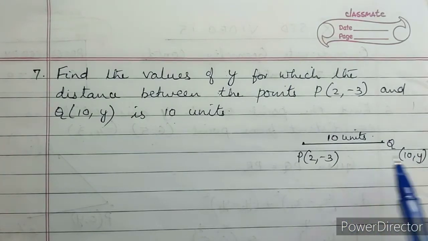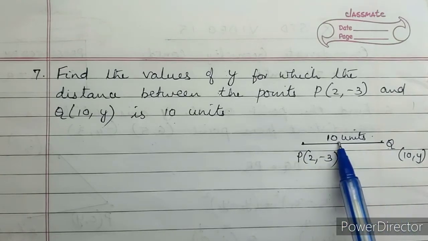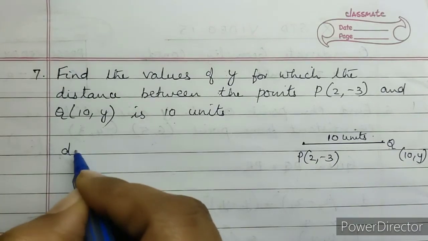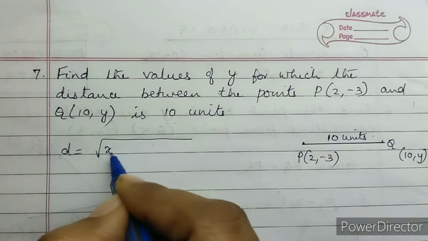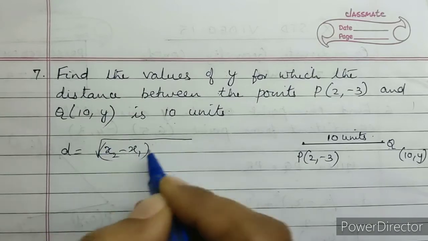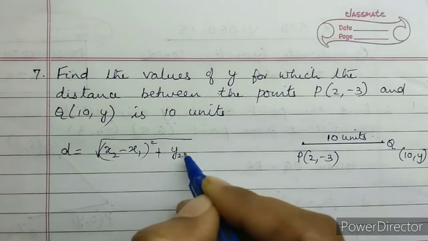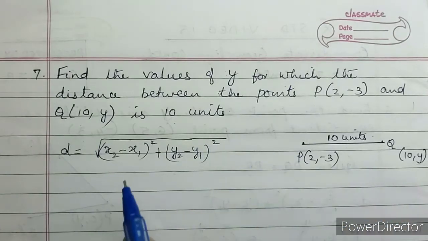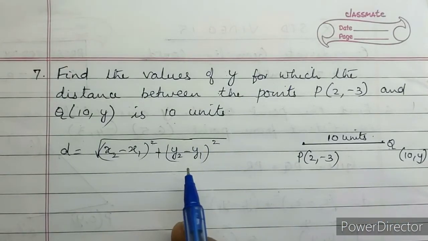So what you have to do, use distance formula, find PQ and equate it to 10 units. So distance formula you know, that is d is equal to square root of (x2 minus x1) the whole square plus (y2 minus y1) the whole square. While writing the formula, you also say in your mouth and then write.